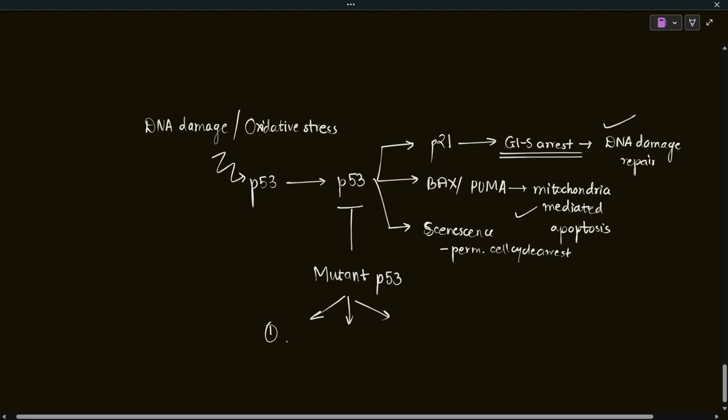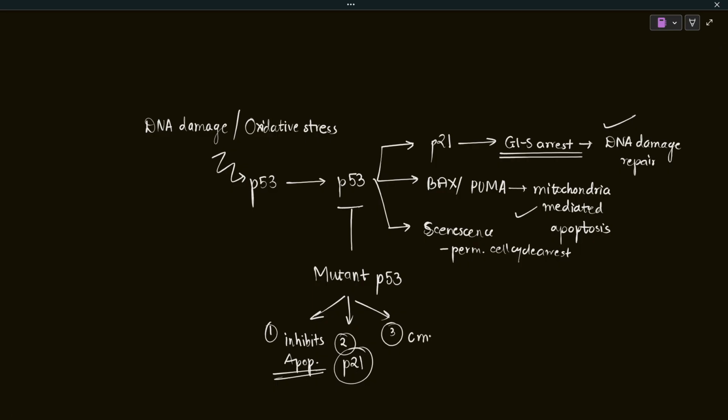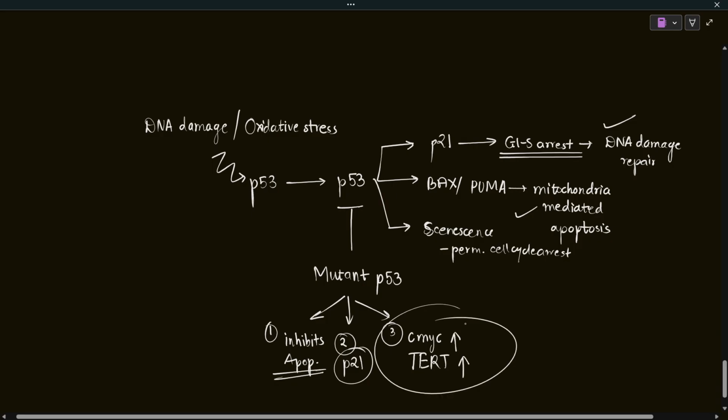It inhibits apoptosis, it does not activate p21, and it activates oncogenes such as c-MYC and TERT. So there will be overexpression of those, which is going to lead to cancer. I hope this is clear to you all.